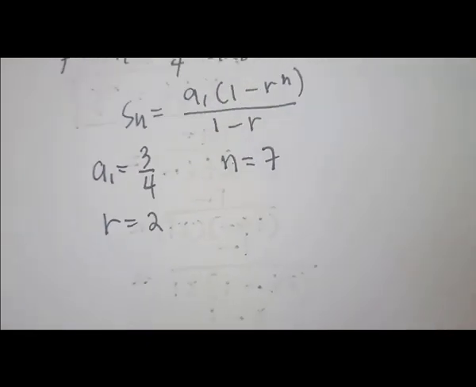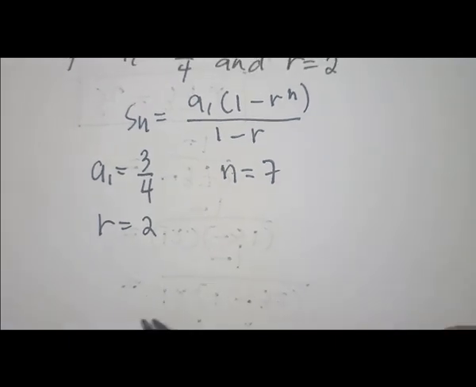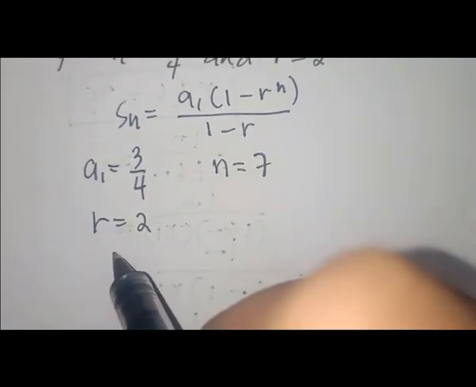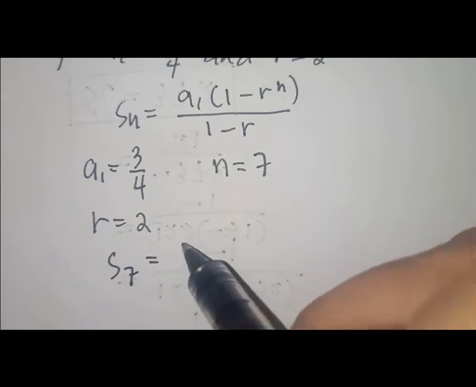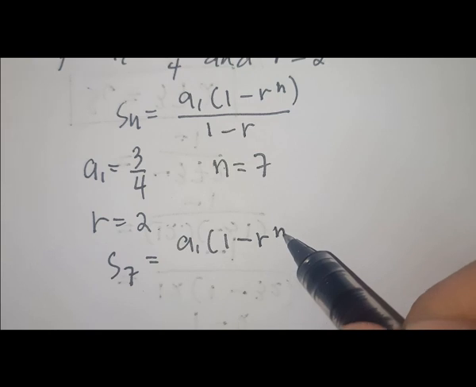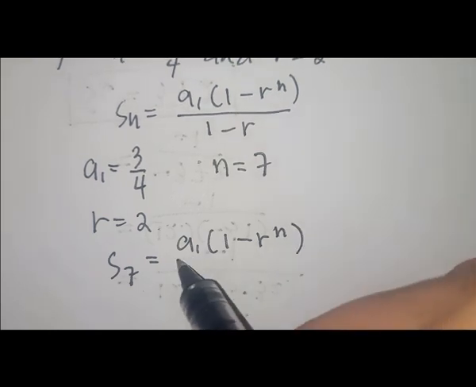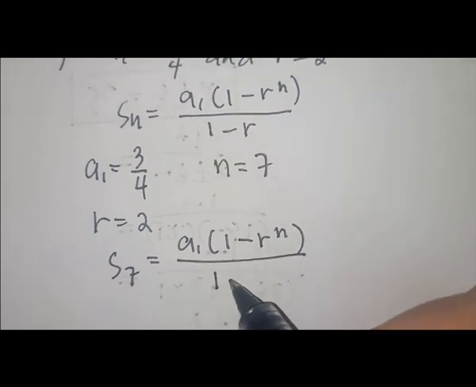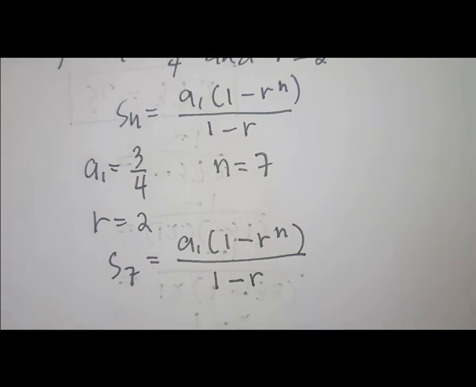Let us write the equation that we will use. We have S sub 7 is equal to a sub 1 times 1 minus r raised to n, divided by 1 minus r.